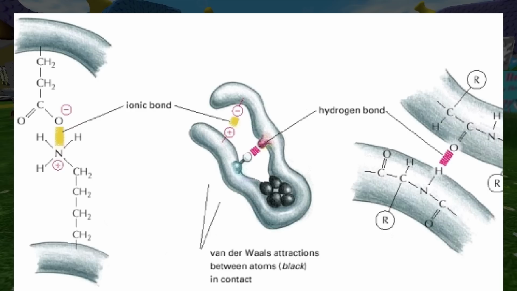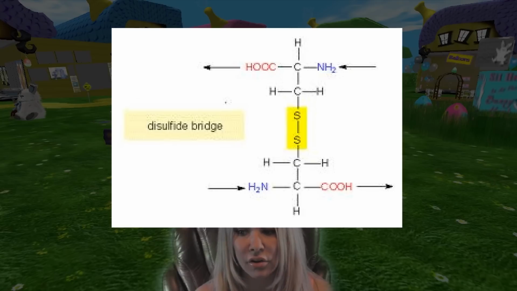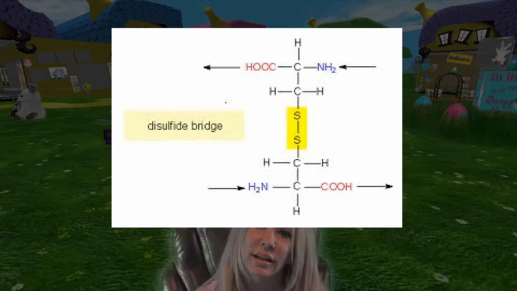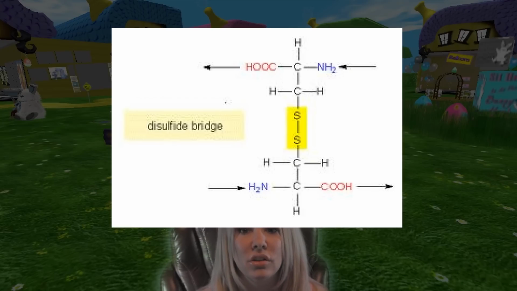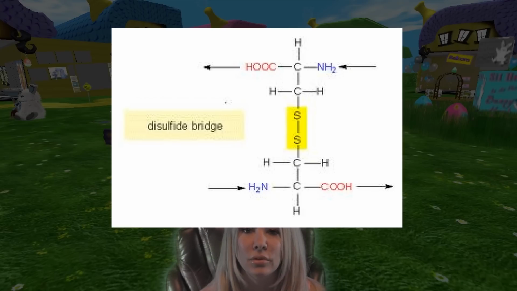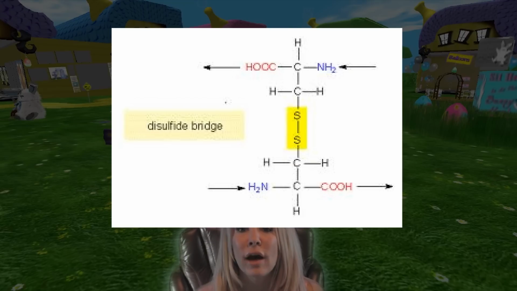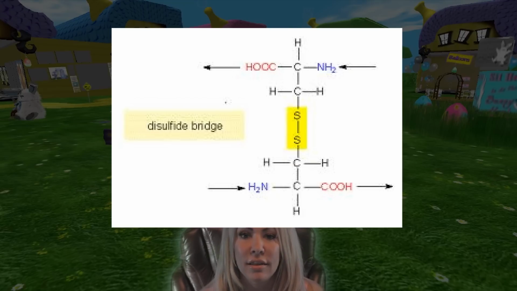And we have some van der Waals attractions as well. Another kind of bond that we'll see is a disulfide bond, which is covalent. This is going to be between 2 cysteine residues. We also have hydrophobic attractions, between the hydrophobic molecules, and these tend to be in the core of a globular protein.